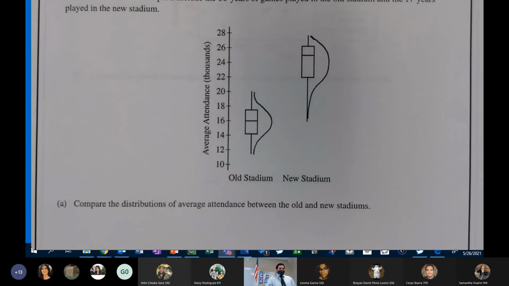And the old stadium has less variability compared to the new stadium. Neither of these distributions has outliers that have been identified in this graph. And that's the comparison. We're not making any conclusion about these things. We're just stating how they're the same, how they're different. And that's it.